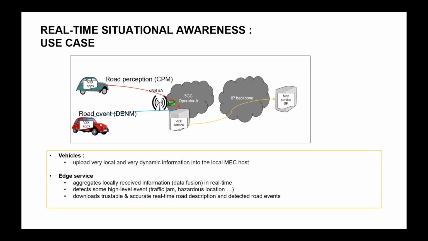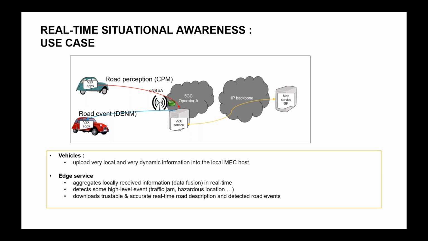The use case is, I would say, very simple: vehicles receive an incentive to share their own road perception. They upload their perception into a service which is hosted in the edge cloud. Road perception means very local information, like a cone for roadworks.